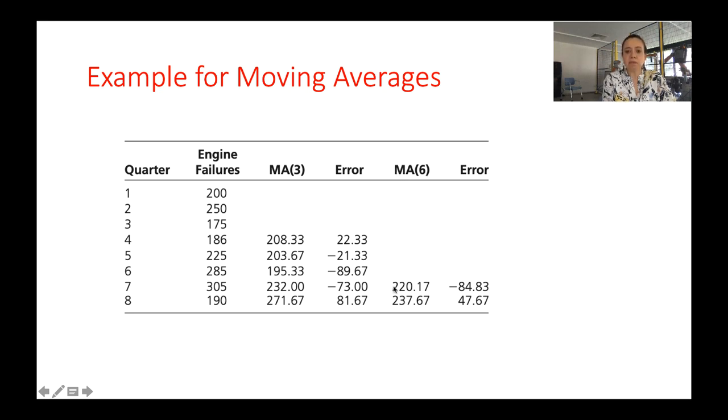In this case, what we do is use the most recent 6 observations. For period 7, we take these 6 observations and take the average. And for period 8, again we take the most recent 6 observations and take the average. Here in the last column, the errors are given.